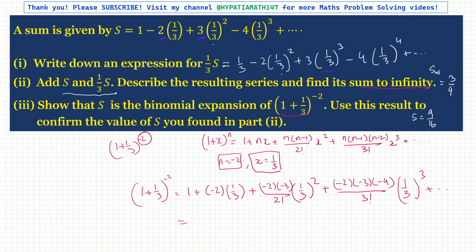And that would give you 1 - 2(1/3), and then the 2 and 2 cancel, so we're left with plus 3(1/3)^2, and then minus, so 3 times 2 is 6, so we get minus 4(1/3)^3, and so on.